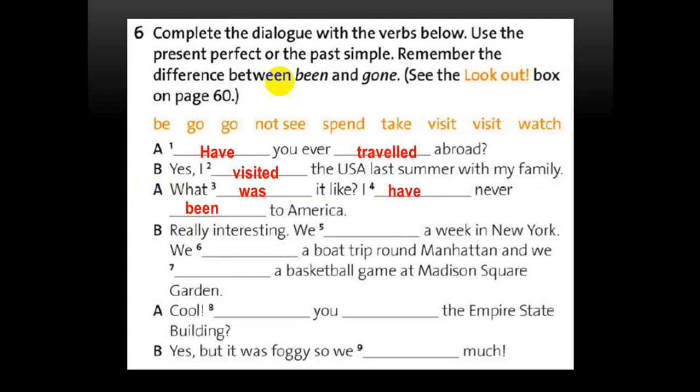Here, what was it like? I have never been to America. I have never visited America or been there. Really interesting. We spent a weekend in New York. We took a boat trip round Manhattan.